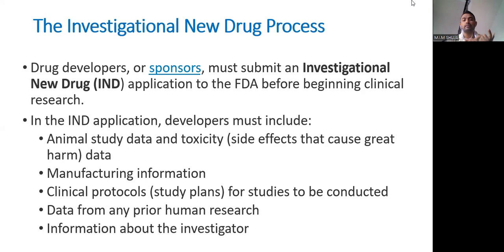What is the clinical protocol for the studies to be conducted? If there is any data from any prior human research, that means some manufacturer has started the research and midway stopped it due to financial reasons or any other reason. And very important is information about the investigators.